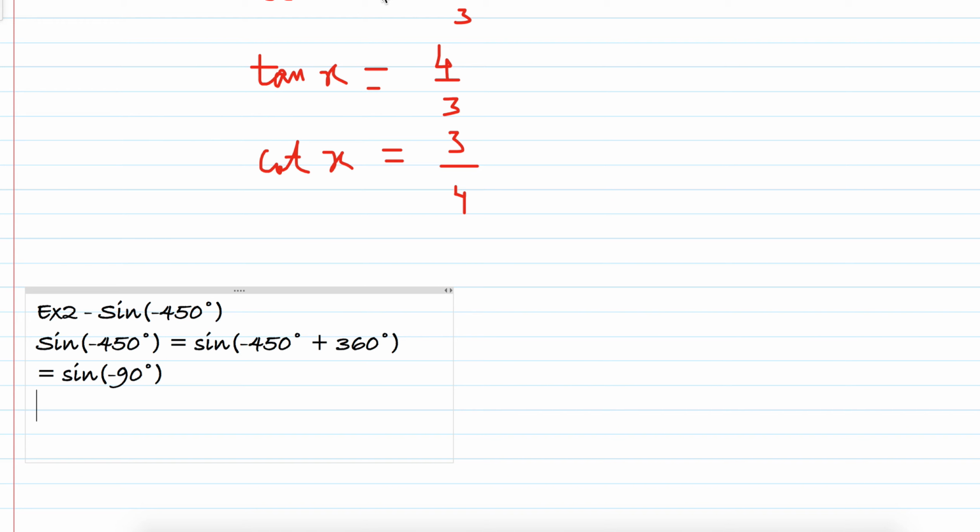So minus 90 degrees is the same as 270 degrees, because if we add 360 here we will get 270.